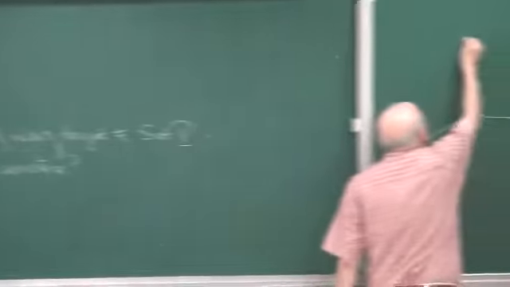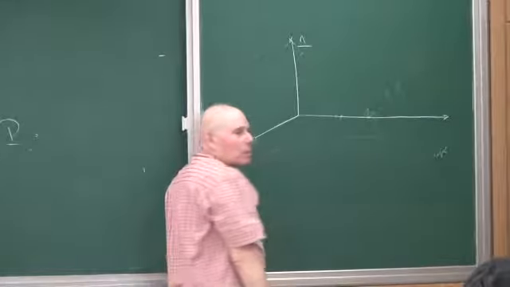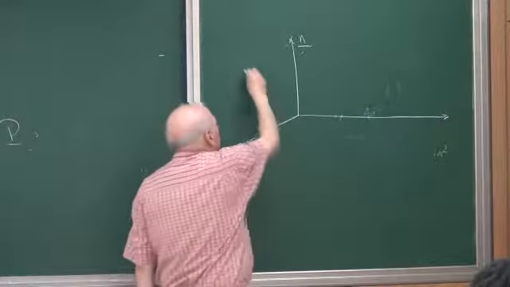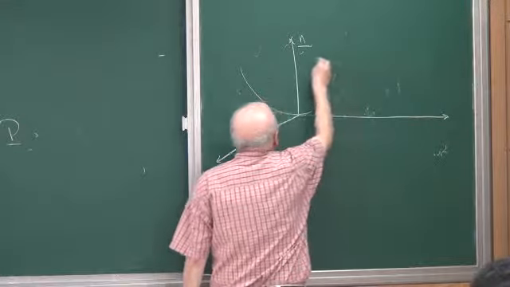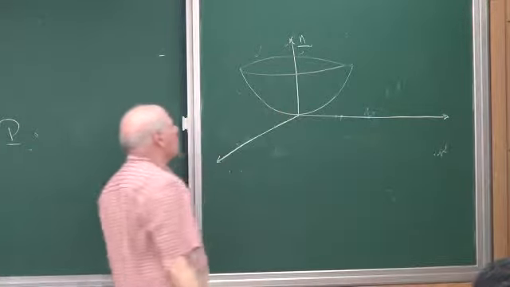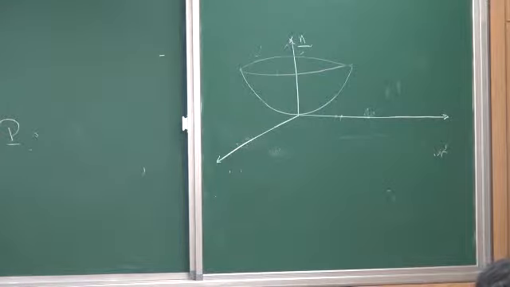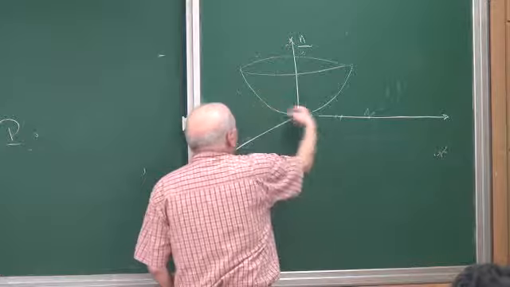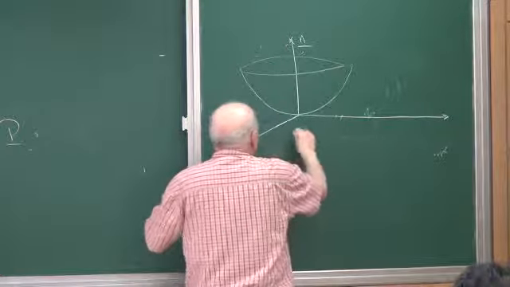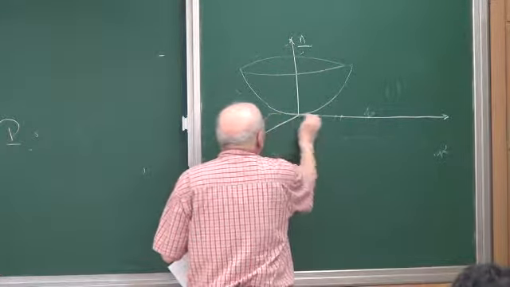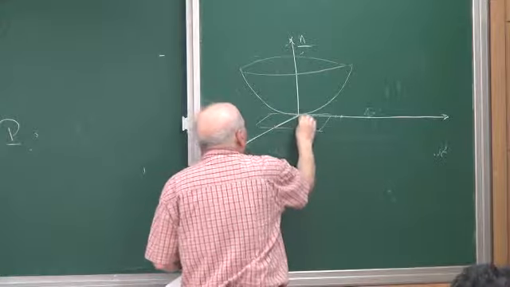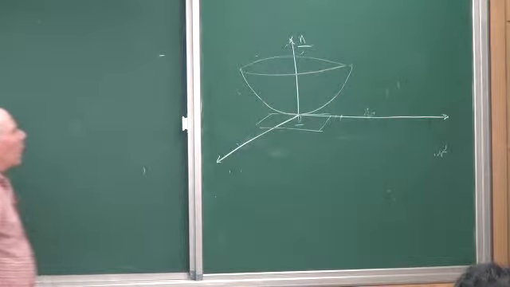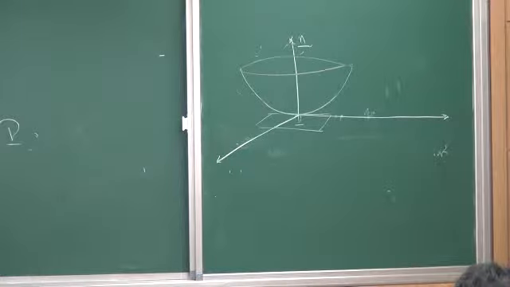So now the normal is going this way, and I picked a case like this just because it's easy to draw. I made it look like a paraboloid of revolution, just to draw the picture nicely. This is what the surface looks like, with the tangent plane here. The point P has now been moved to the origin.